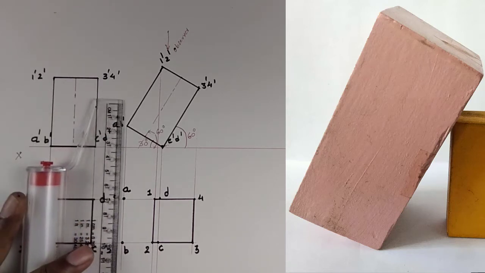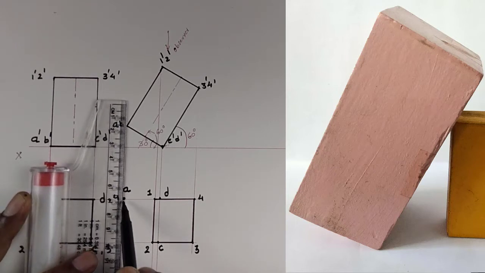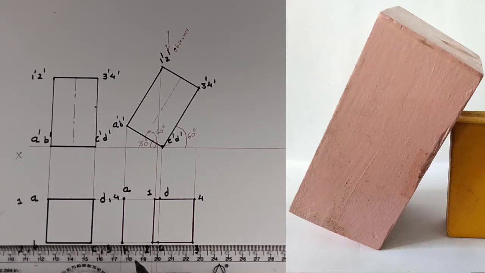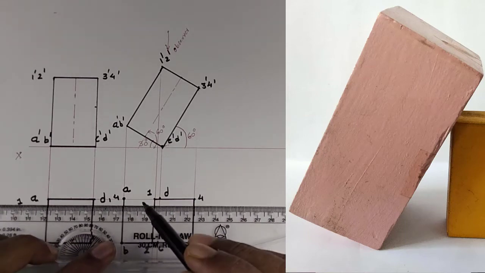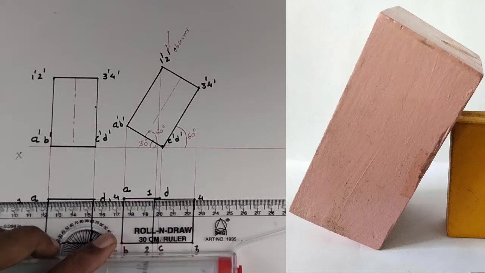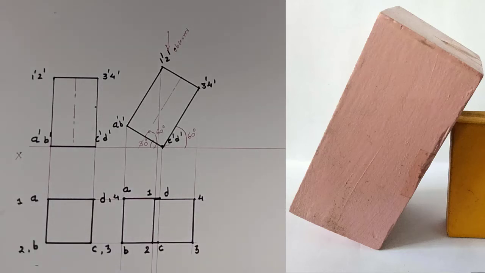Now for the lower base, from top view orientation, AB is visible, so I draw AB dark. BC is also visible, BC dark. AD is also visible, AD dark.